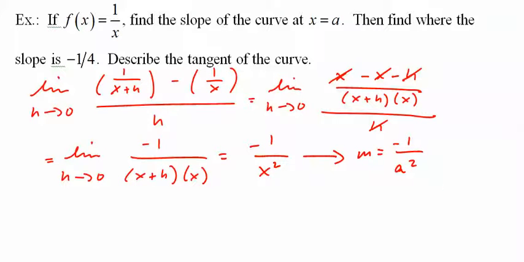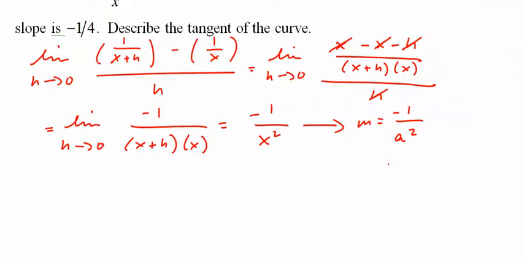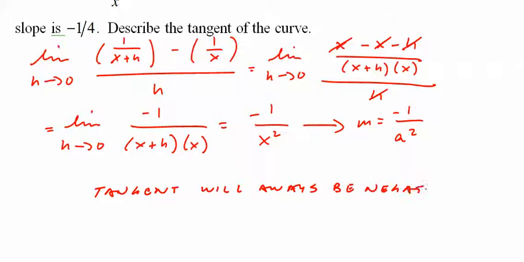Now it says describe the tangent as curved. Well, since a is squared, no matter what I put in for a, the tangent will always be negative. A cannot equal 0 because it'll fail.